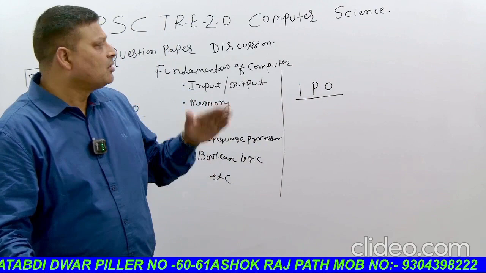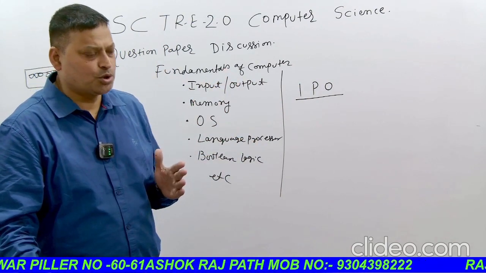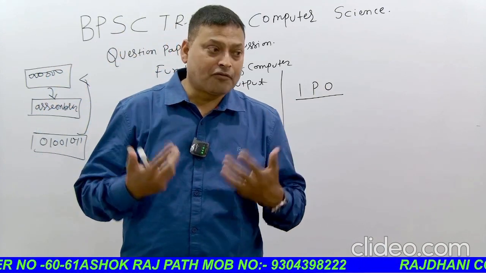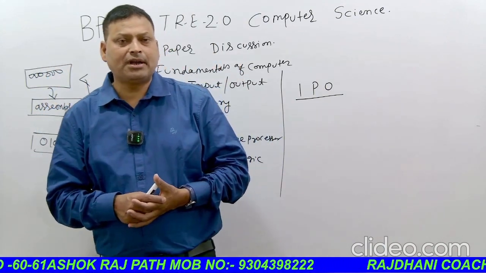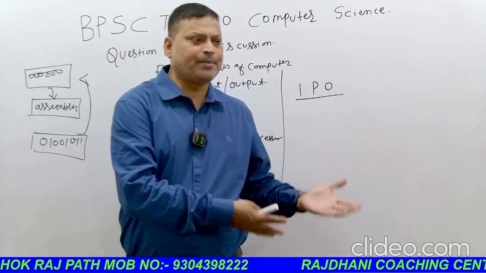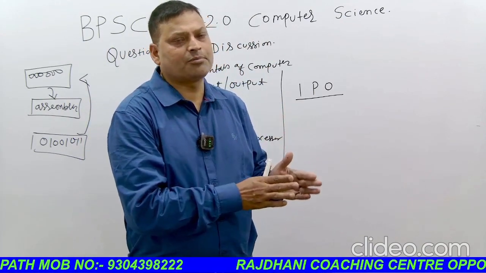Whereas compiler and interpreter are used for converting the high level language into machine level language. Now it is decided by the software developer or the programming language owner. He is comfortable with compiler or interpreter. Both are responsible for converting the programs.